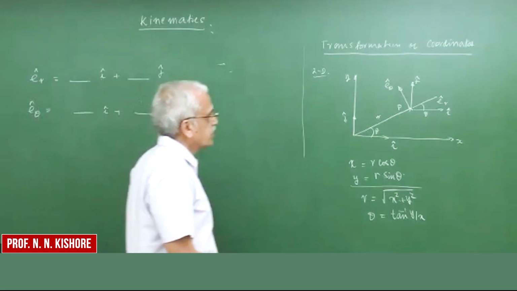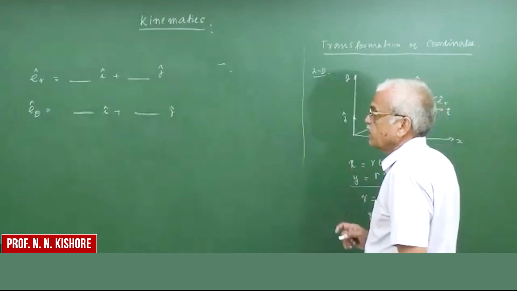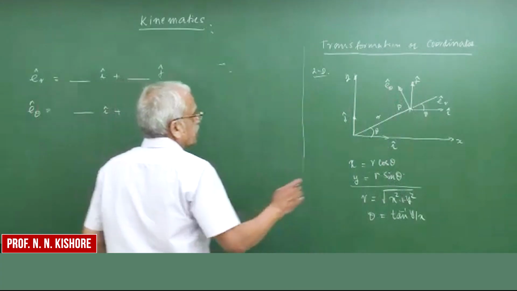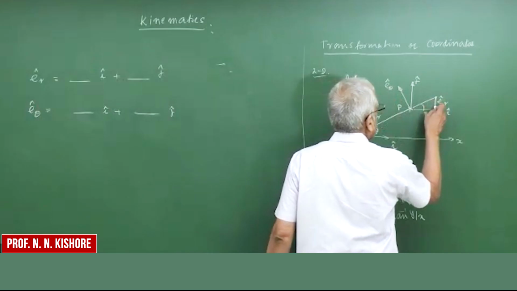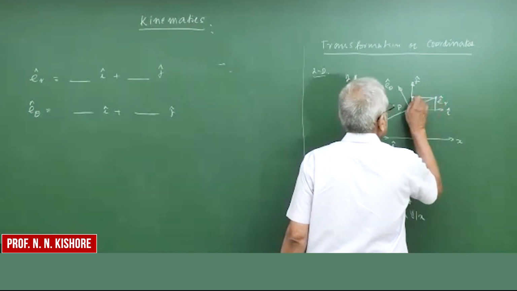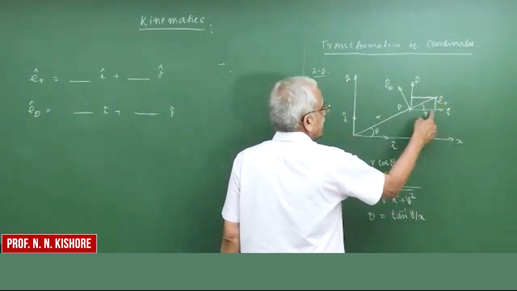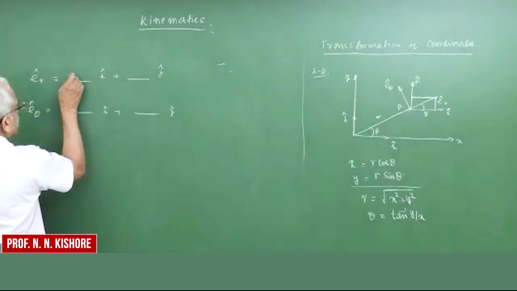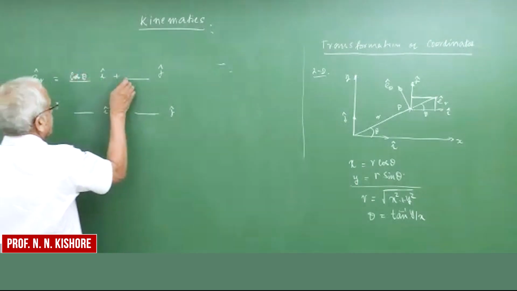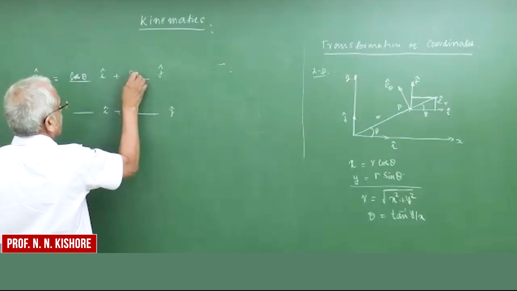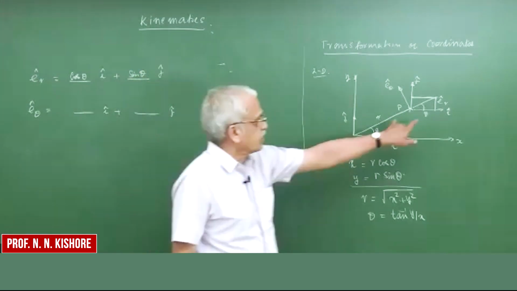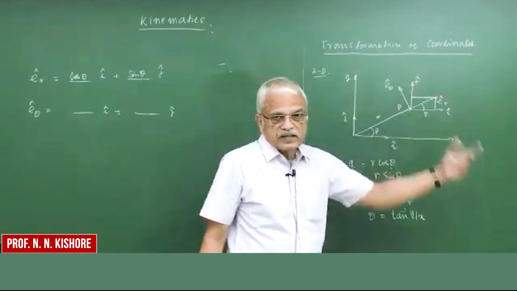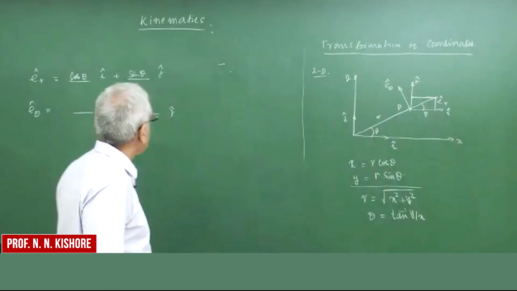So if you want to get e_r, then it is i cos theta plus j sin theta. So because this is totally i, cos theta times i and sin theta times j. So that will give you e_r.